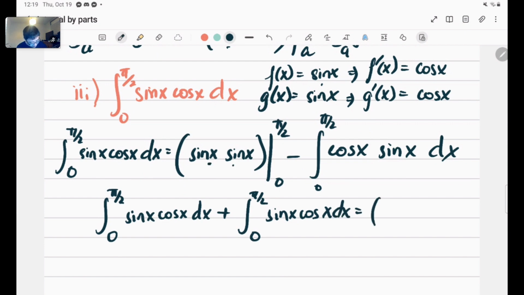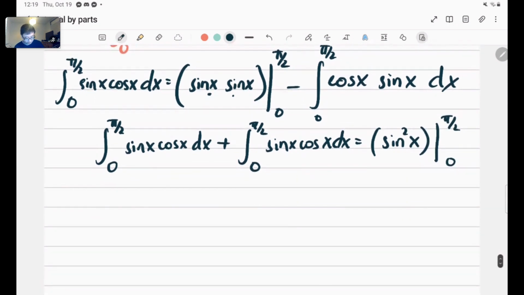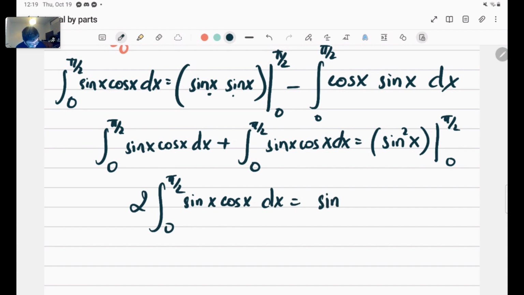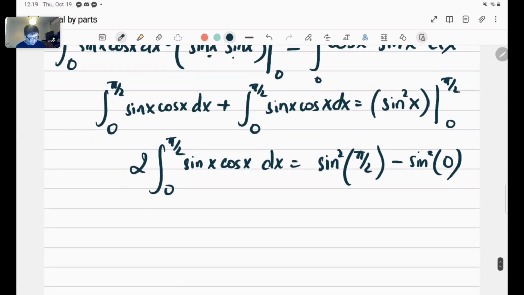And sine of x times sine of x is sine squared x, evaluated from 0 to pi by 2, right? So this integral added to itself is just 2 times the integral of sine x times cosine x, evaluated from 0 to pi by 2. And so this one is sine squared of pi by 2 minus sine squared of 0.